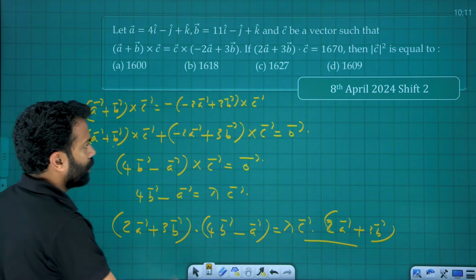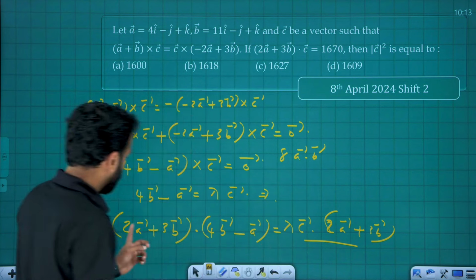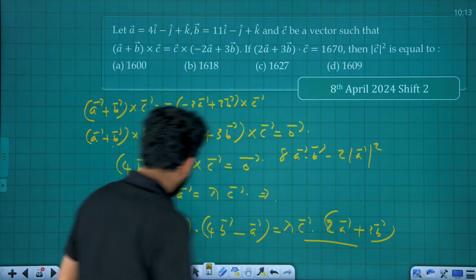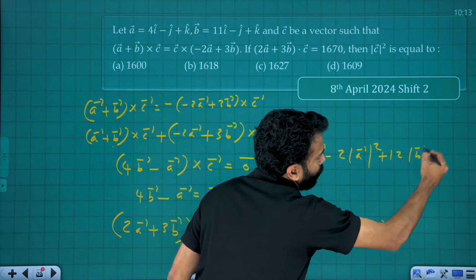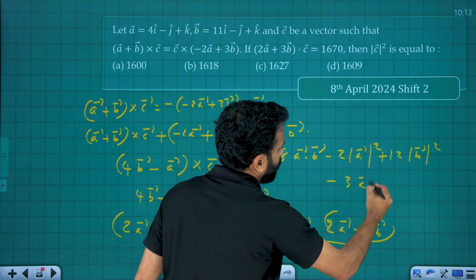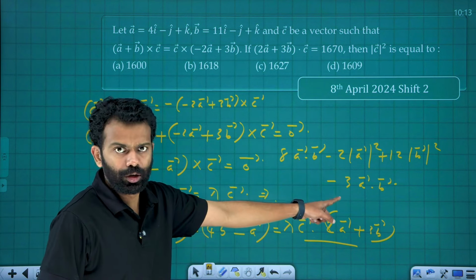This we need to operate here. This will be 8 into A·B minus 2 into magnitude of A square plus 12 into magnitude of B square minus 3 into A·B. So, these are like terms, that is it will be 5 into A·B.